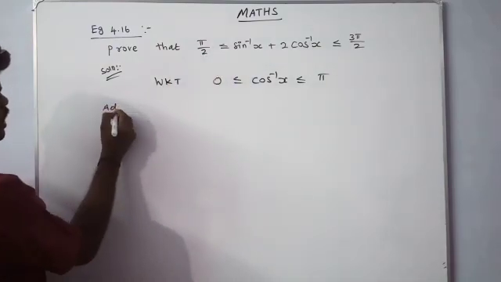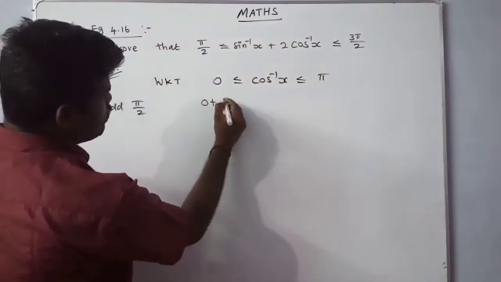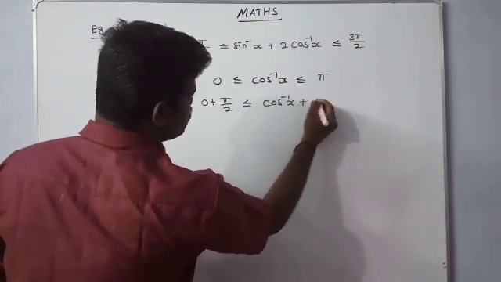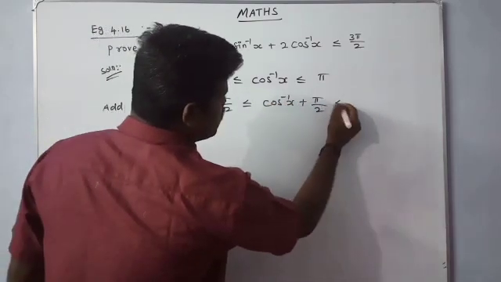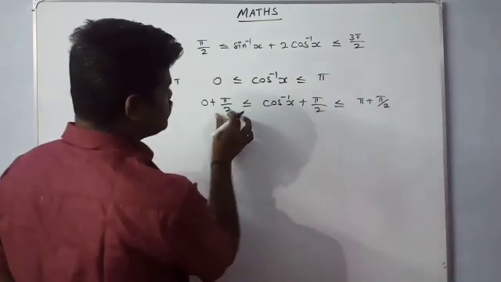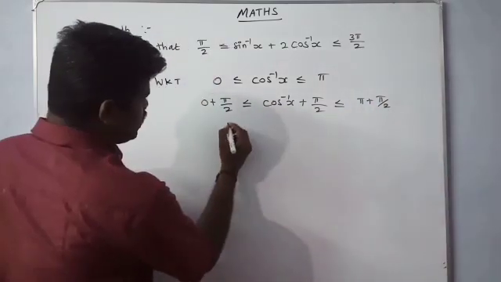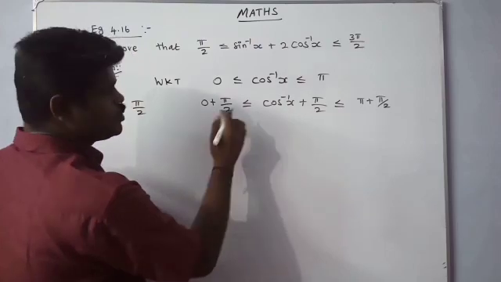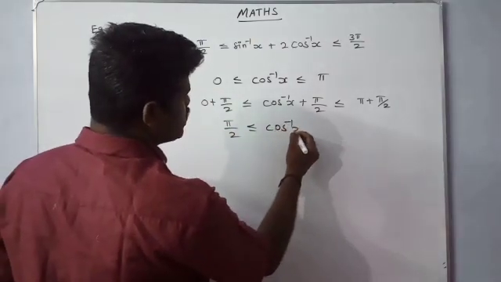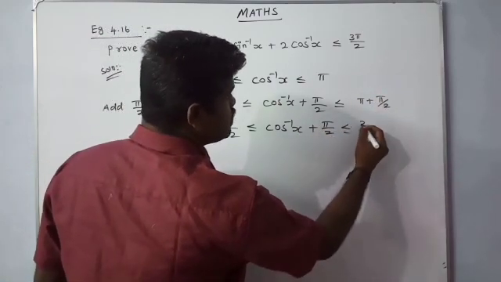So add pi by 2 on all sides. 0 plus pi by 2 is less than or equal to cos inverse x plus pi by 2, which is less than or equal to pi plus pi by 2. So pi by 2 is less than or equal to cos inverse x plus pi by 2, which is less than or equal to 3 pi by 2.